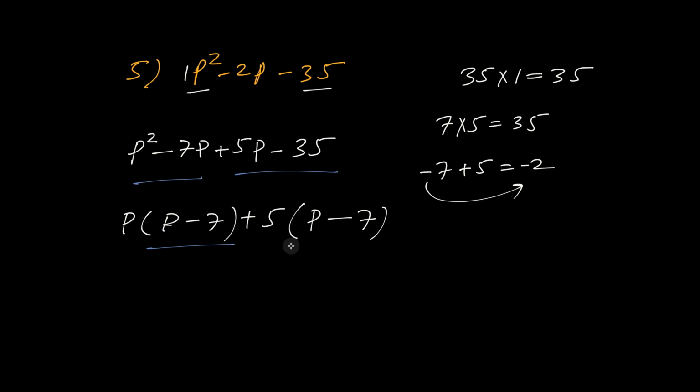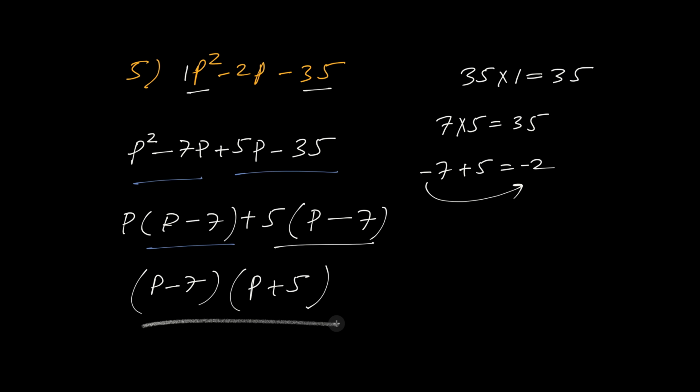So we can see these two brackets are having the same values, p minus 7 and p minus 7. So we have to take p minus 7 one time, and we have to take p plus 5 the remaining. So this is going to be your answer.